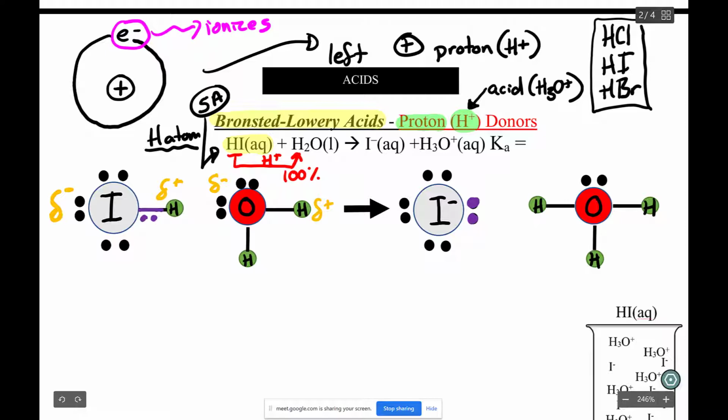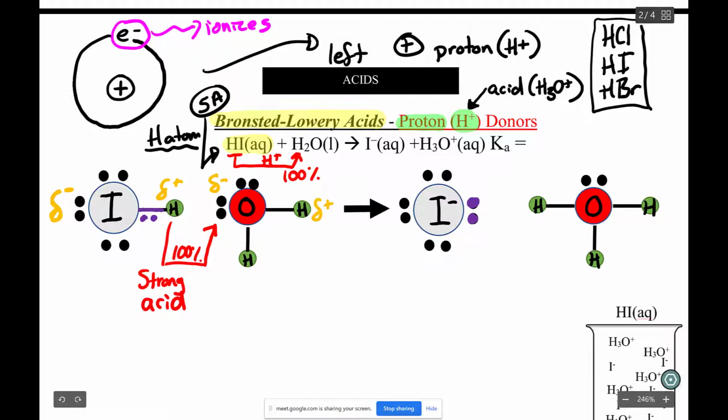The hydrogen leaves only as a proton and piggybacks onto this lone pair of electrons, making the H2O now H3O+, which is acid. So again, to clarify, this hydrogen goes to this spot here 100% of the time if you have a strong acid.